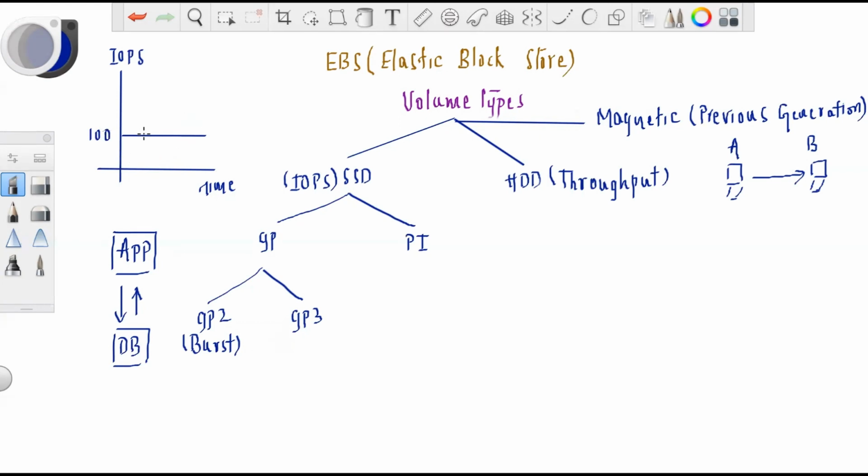This baseline represents the standard performance level you can expect from the volume in normal circumstances.